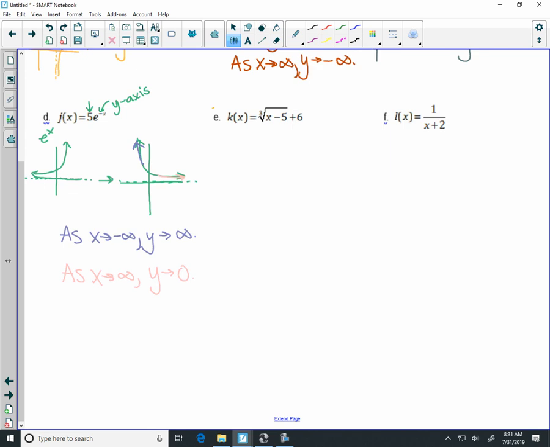Cube root is a little easier. So cube root, we're moving it right 5 and up 6. But that doesn't really affect the end behavior here.